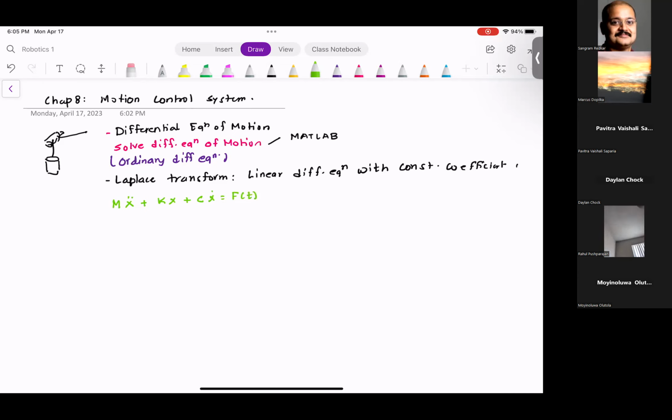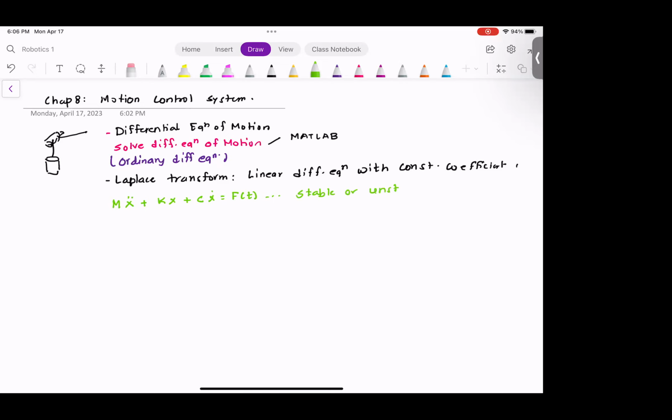And what we want to do is find out whether this differential equation is stable or unstable. Which means if we were to give the robot arm a small perturbation, whether the robot would come back to its original position or would it drift.